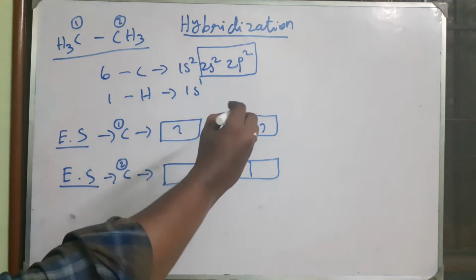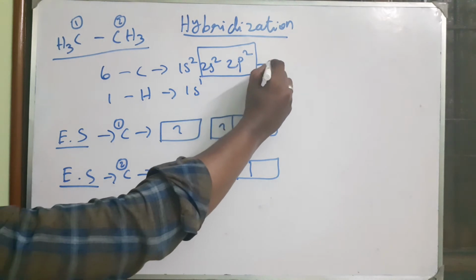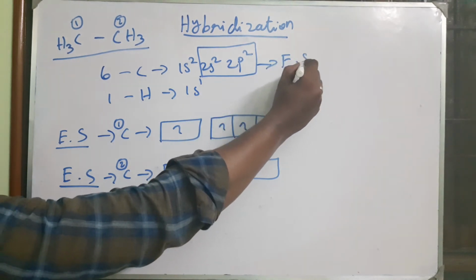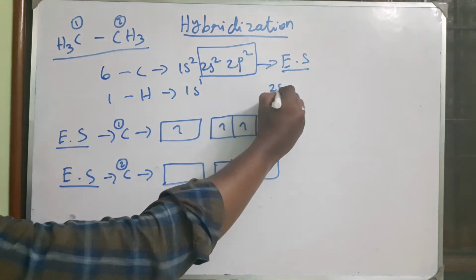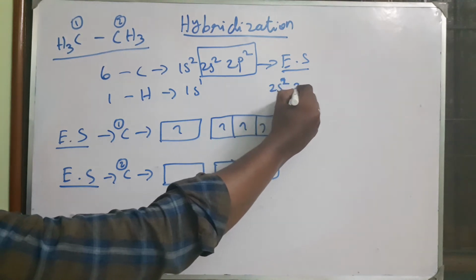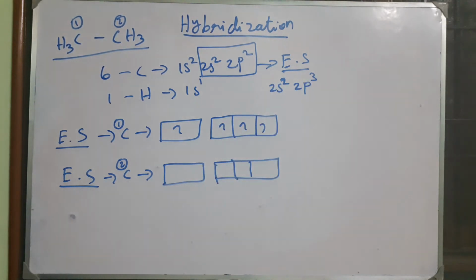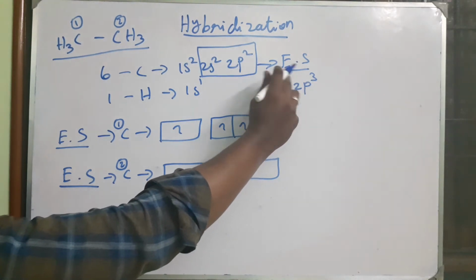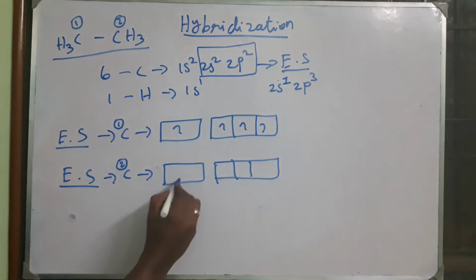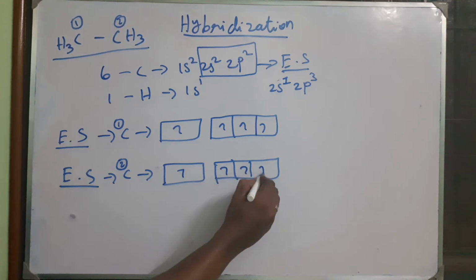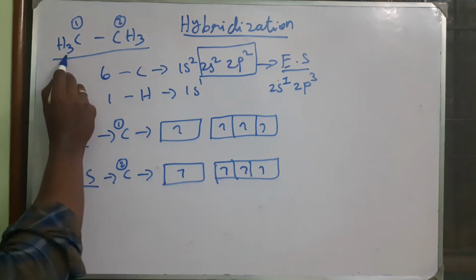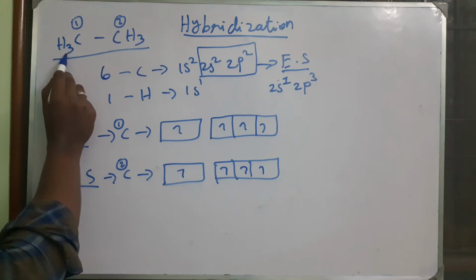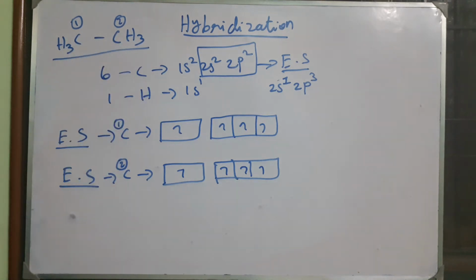The excited state electronic configuration is 2s1, 2p3. Like that we have to write. Now, how many hydrogens are there in total? This carbon contains 3 hydrogens, and this carbon contains 3 hydrogens.